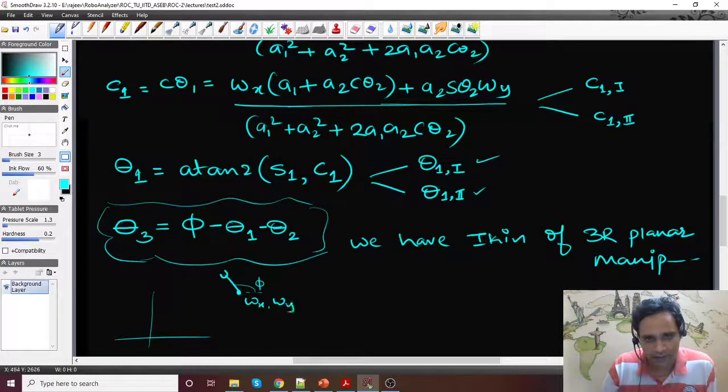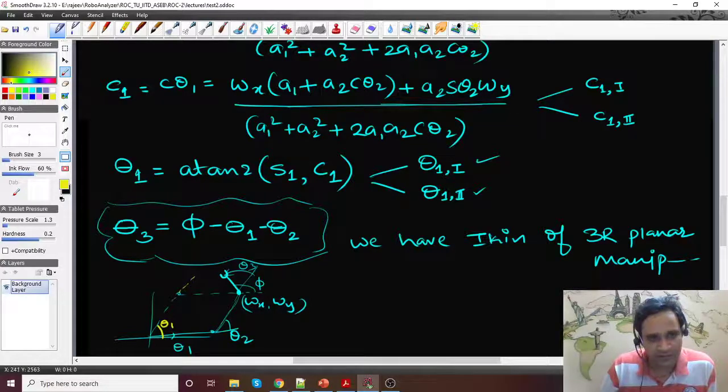So this is wx, wy. We have to reach that point. It can be reached in two solutions. One could be like this, another could be like that. So these values theta 1, theta 2 and theta 3 are here for the first solution. For the second solution, this is theta 1.